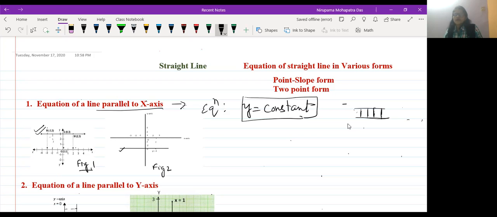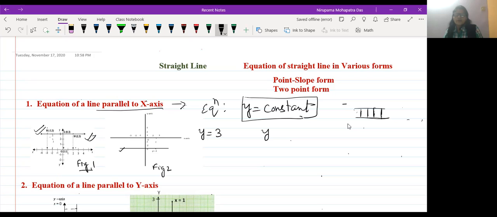If the constant is negative, the line lies below the x-axis.